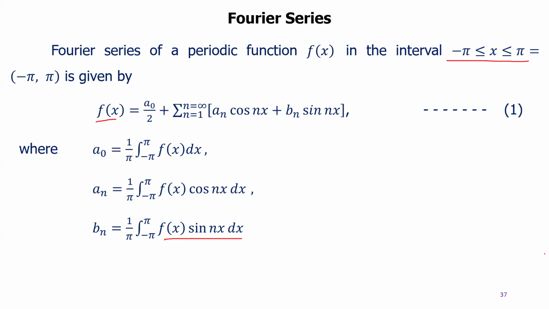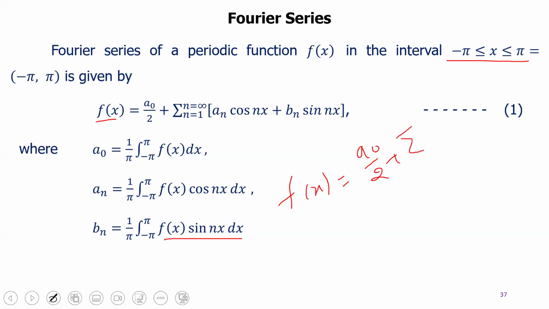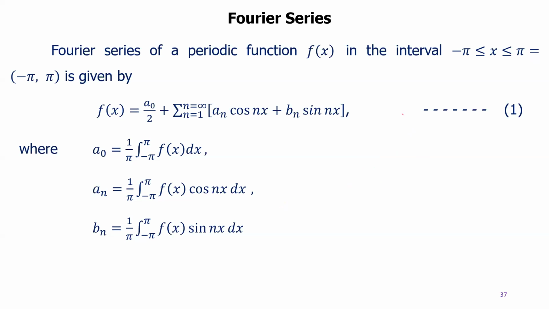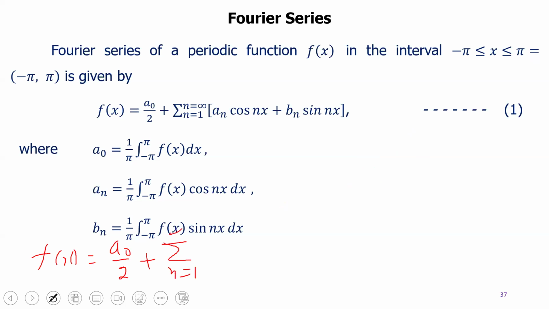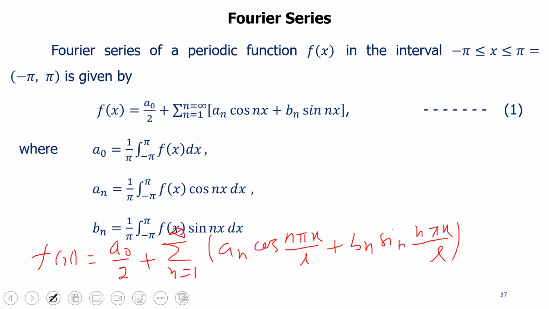Now here, if we write down the previous definition, f of x is equal to a0 by 2 plus sum of n equal to 1 to infinity an cos n pi x upon L plus bn sin n pi x upon L. Now here, if you put L equal to pi, what will happen?